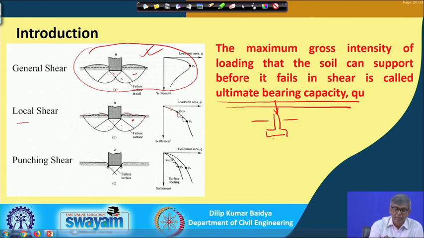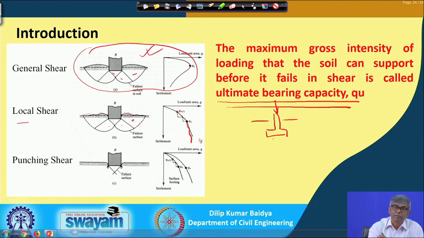When you record the load versus settlement, you will see it goes almost in a straight line, suddenly reaches a peak, and again changes slope, that means a number of failures will happen. So you will not get a typical curve like before. Instead, you reach a peak point, then suddenly it reduces; load will increase, but not at the same rate, at a lesser rate with settlement, or more settlement with less load.